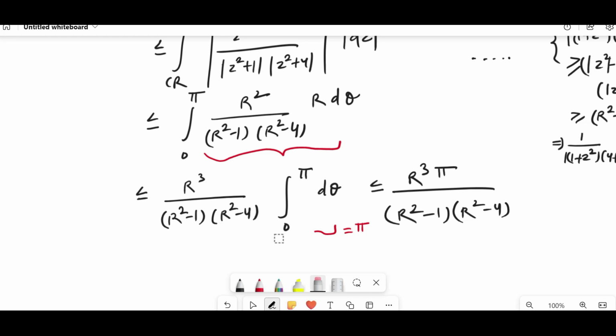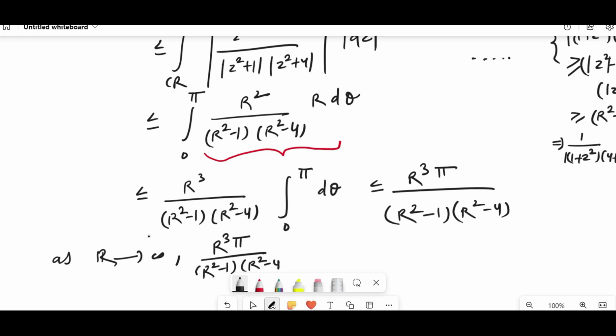So now further we can take the limit. So we can write here as capital R tending to infinity, the rational function R cube pi over R square minus 1 multiplied by R square minus 4 tending to 0.